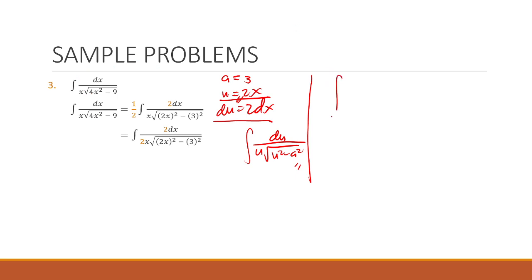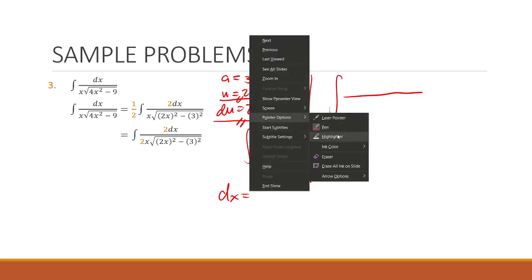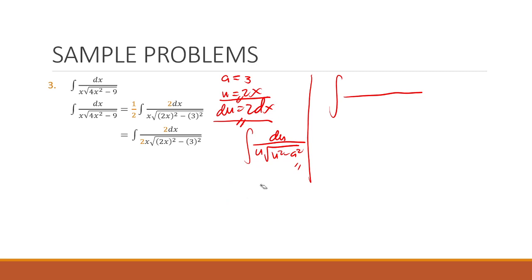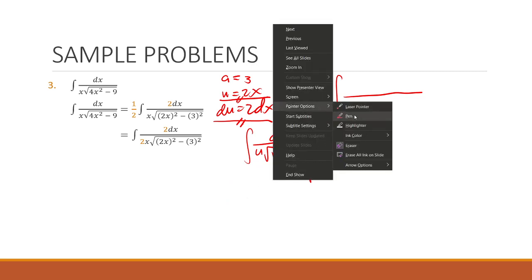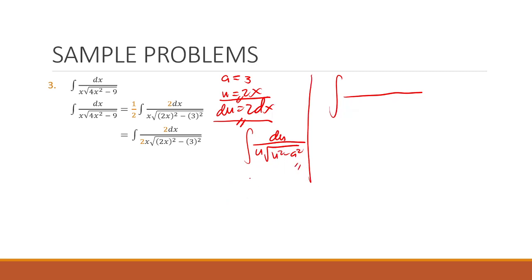So, initially we have dx sa taas, right? And dx coming from this equation, dx is what? Wait lang. Basig mag-overlap. So, dx coming from this equation, dx is du over 2 or 1/2 du. Tama ba?